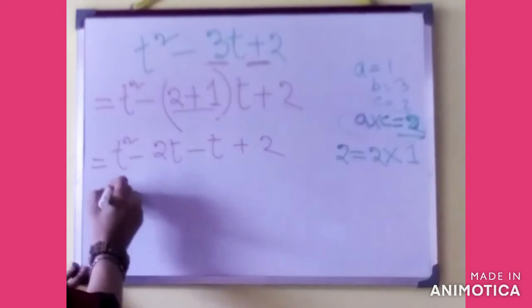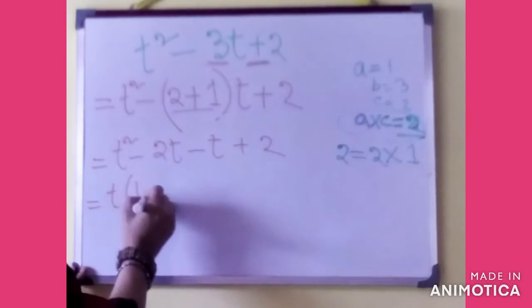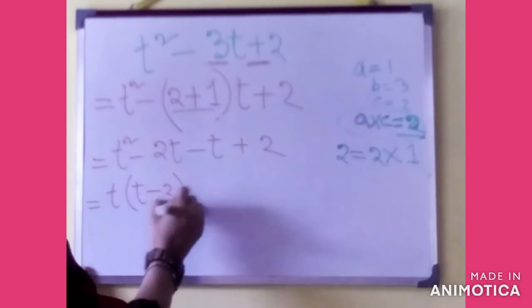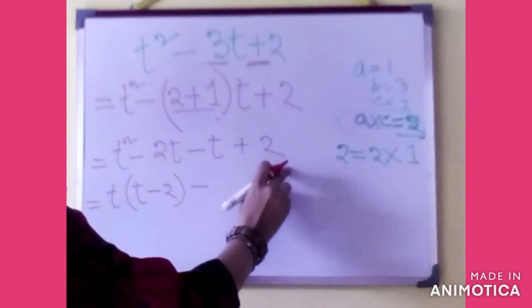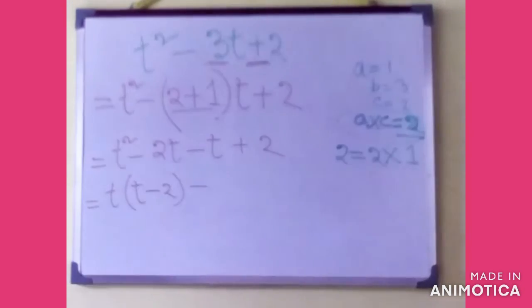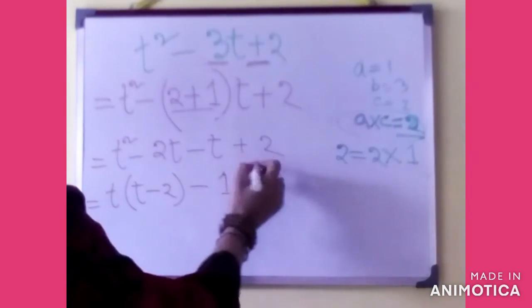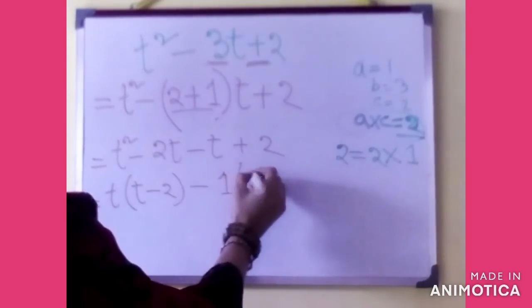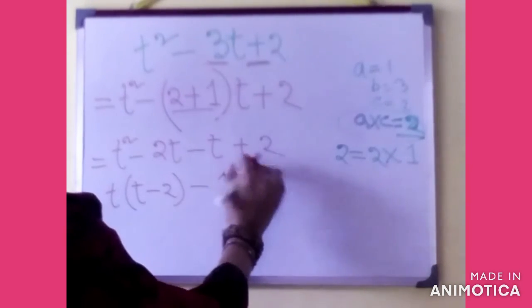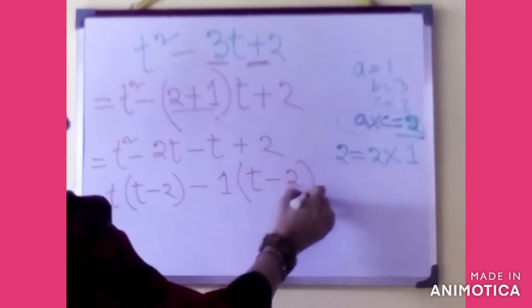Here only t is common, I am taking t, so t minus 2. And here nothing is common, but one thing is common, because everywhere is 1, so I can take 1 as a common factor, minus 1, then it will be t minus 2.